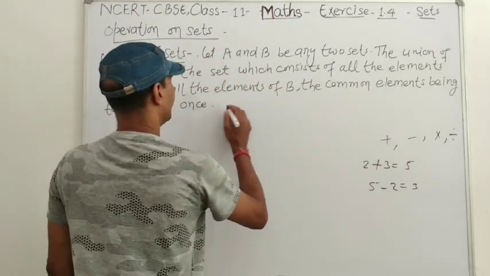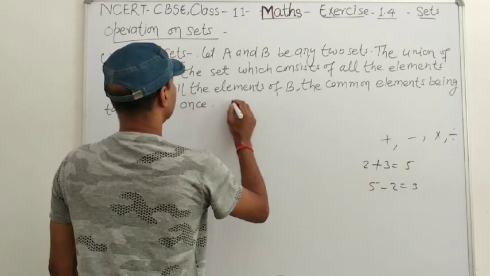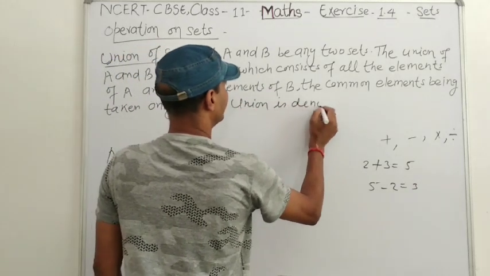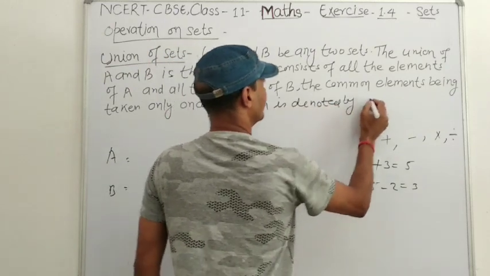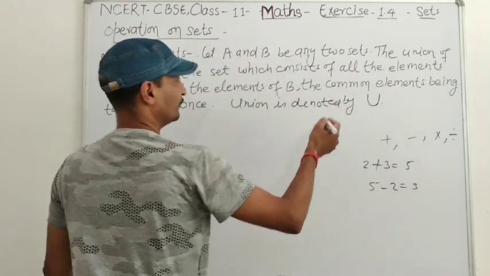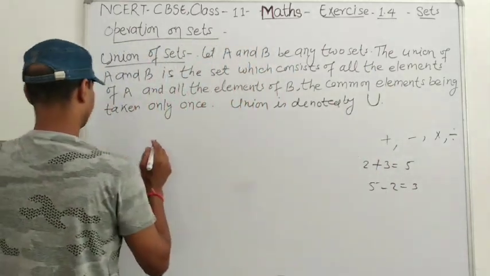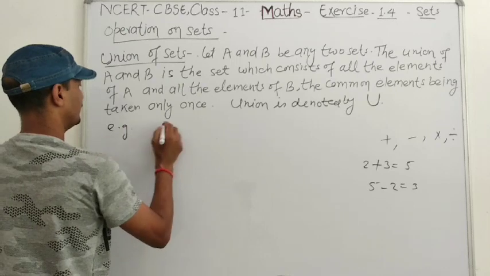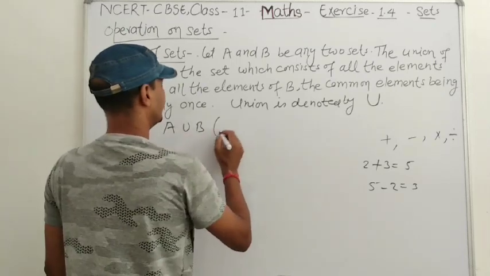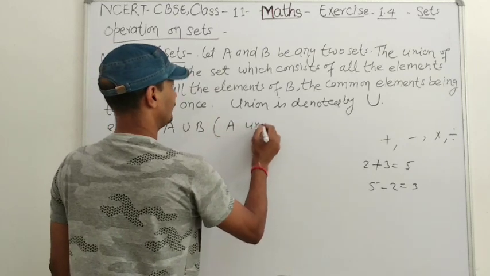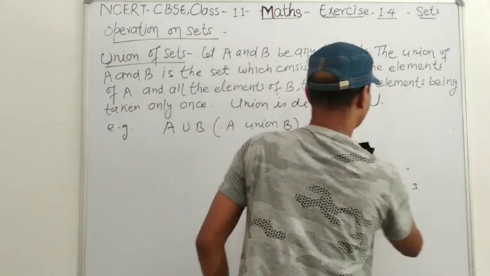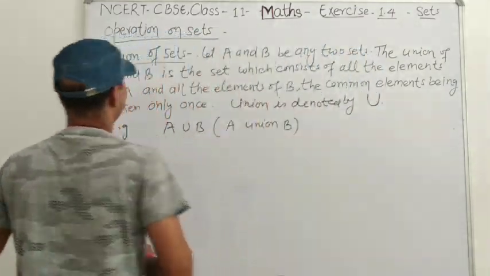And the symbol for union is denoted by this, it is union, U. For example, we can write A union B. How do we read this? We read this as A union B. So let's see some examples of this operation of union of sets.